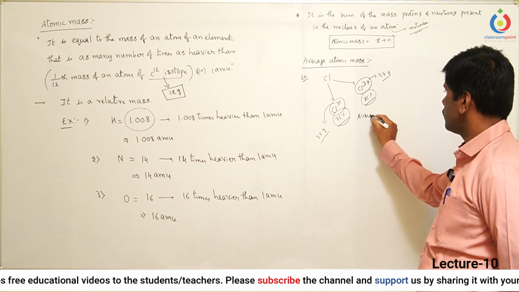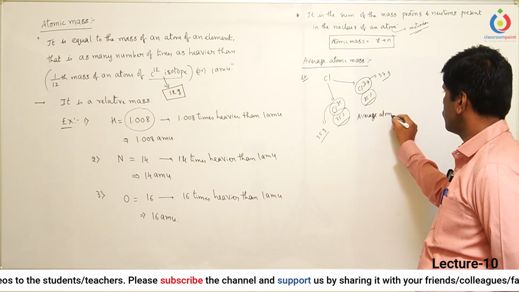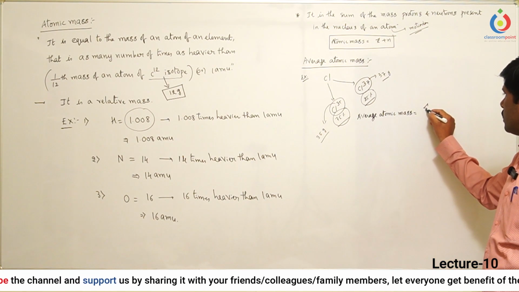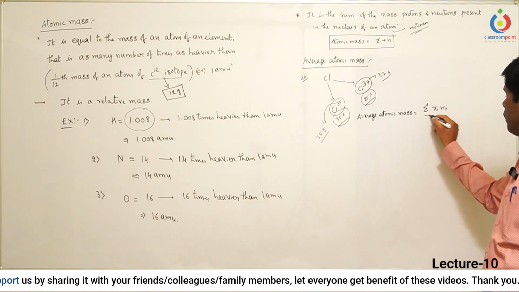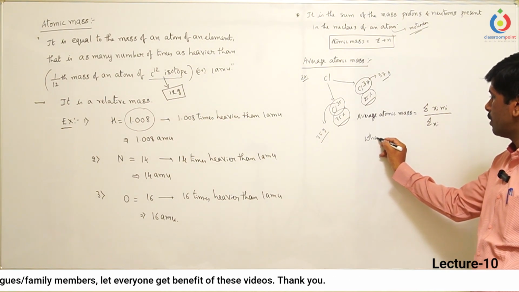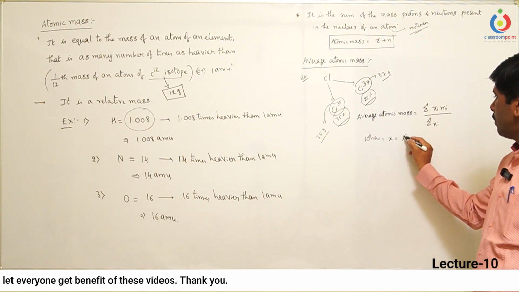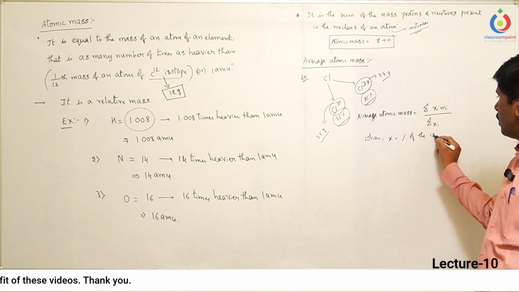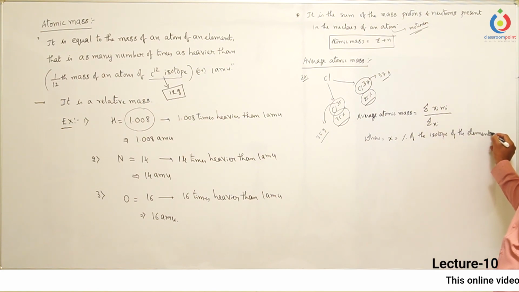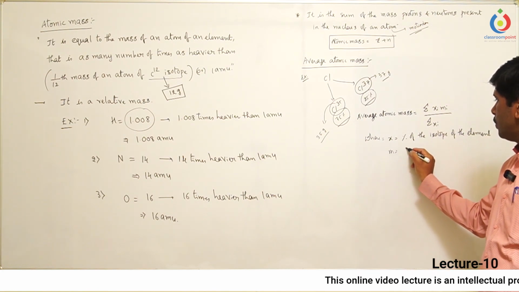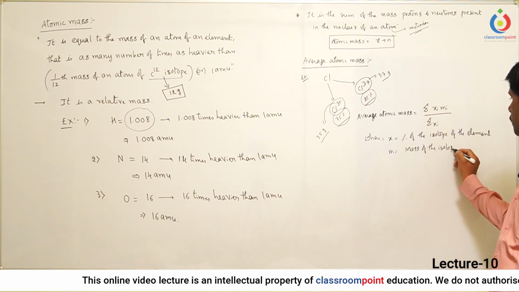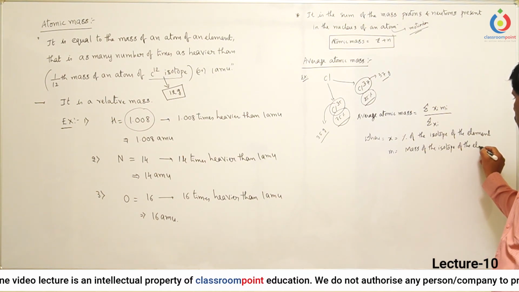Average atomic mass is equal to the formula sigma xi mi divided by sigma xi, where x equals the percentage of the isotope of the element, whereas m equals the mass of the isotope of the element.